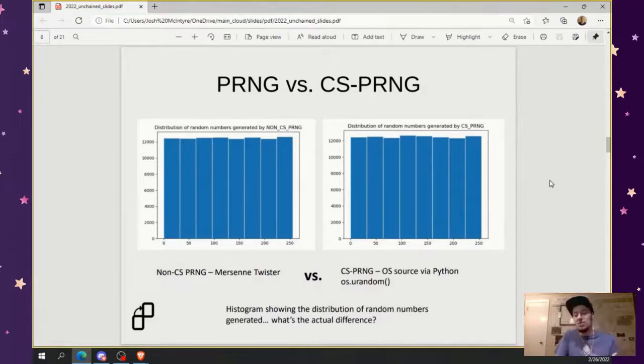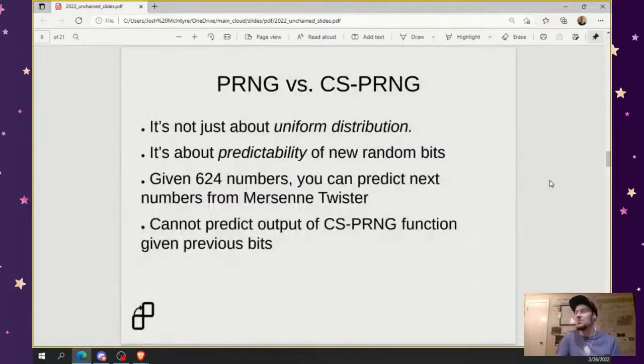Well, the difference between these two types is that it's not just about a uniform distribution of the random numbers. It's not about where the 100 random numbers fall on the spectrum of 0 to 100.